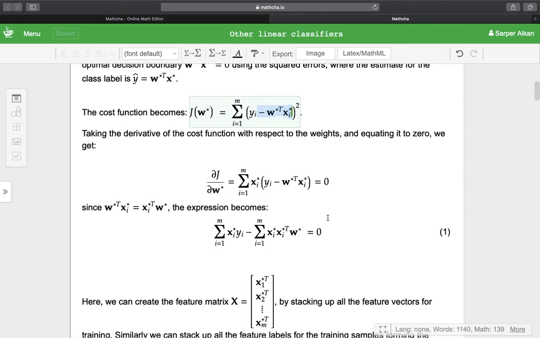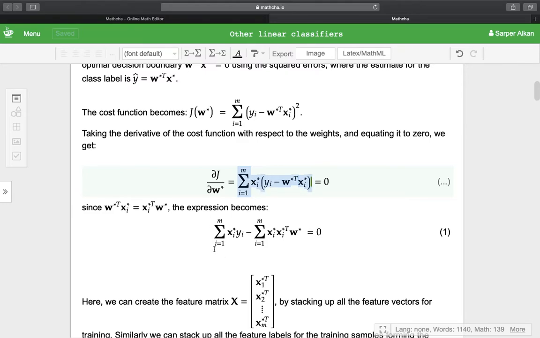When we take the derivative of the cost function, we have this expression. Since here we can replace w star transpose xi star with xi star transpose w star, the expression becomes... let's expand this expression.